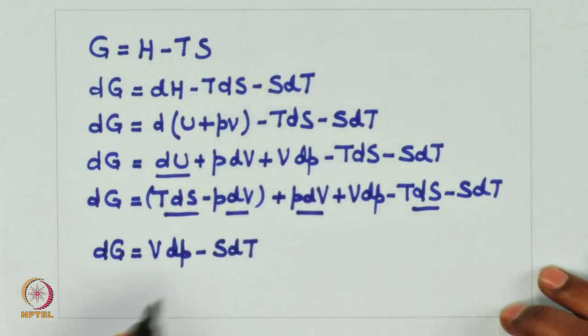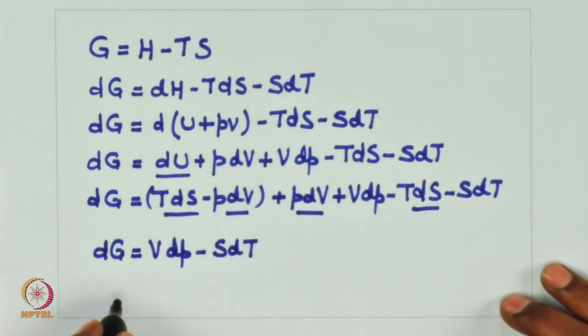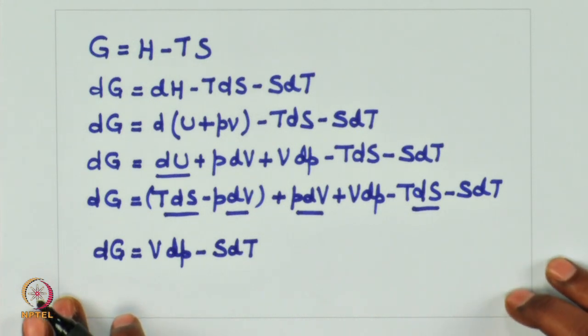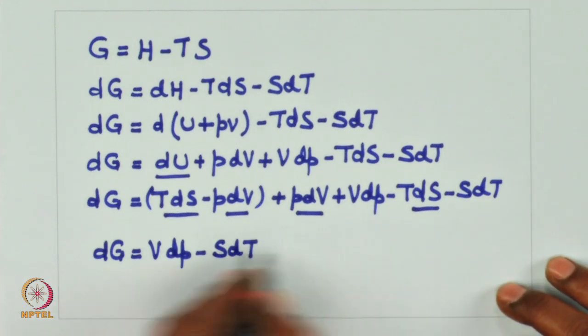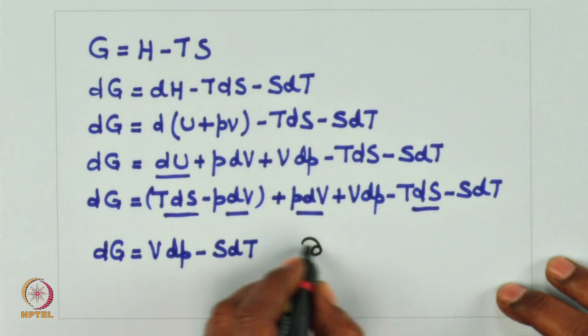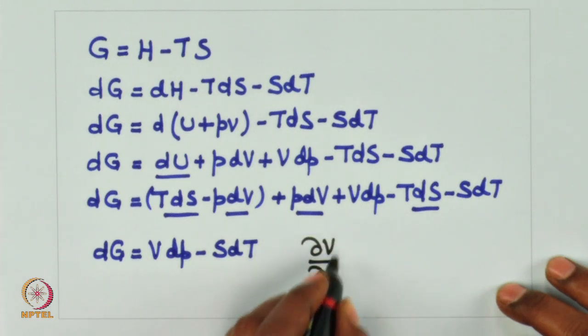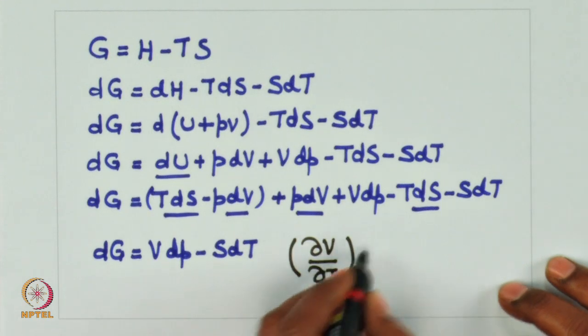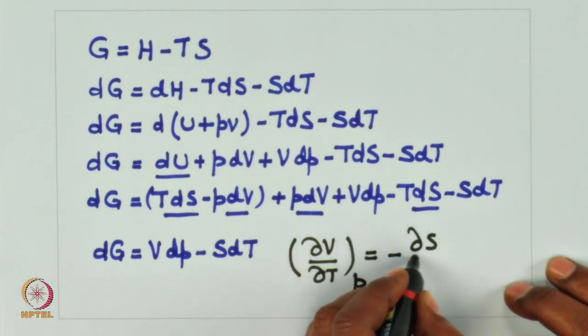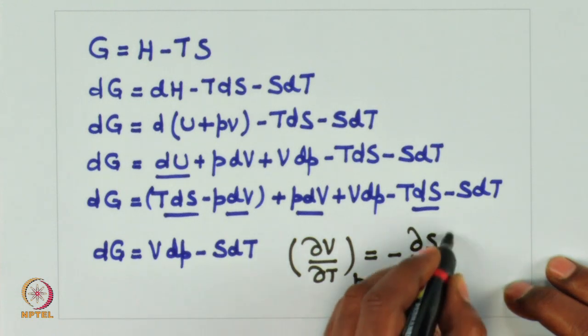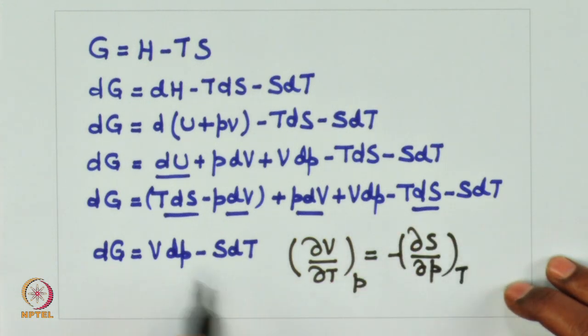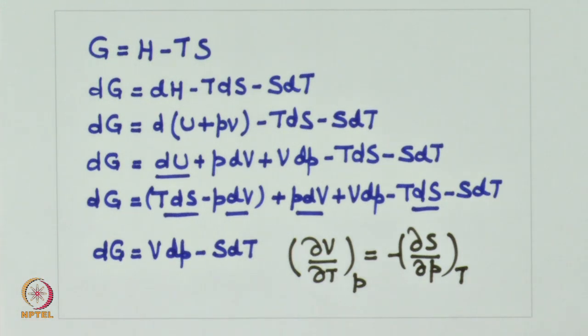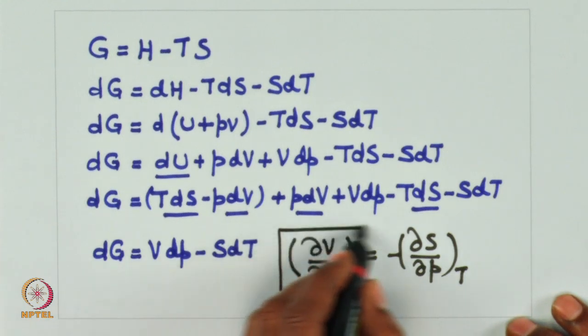Therefore, by using the mathematical expression that we discussed in the beginning for df to be exact, the next Maxwell relation that we can write from this is dou V by dou T at constant P is equal to minus dou S by dou P at constant T. So, here we derive another Maxwell relation.